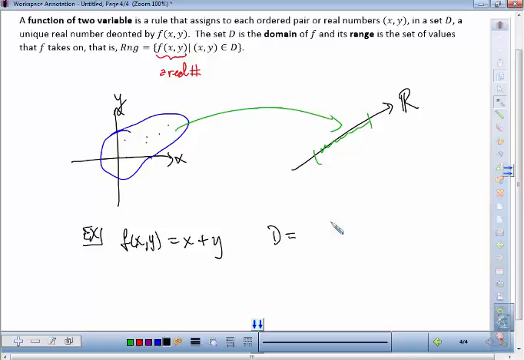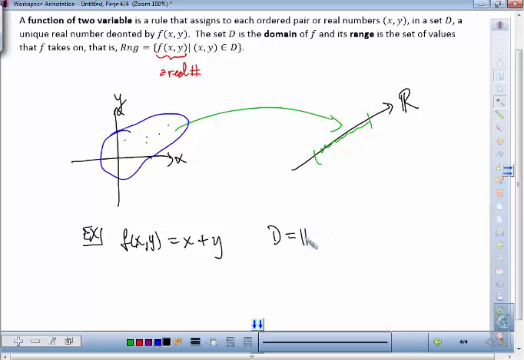What's the input? An ordered pair. So all real numbers squared? I know what you mean, but we don't say all real numbers squared. So we say the whole xy plane would work.